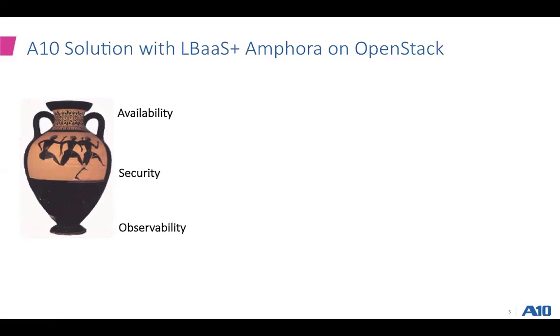We make sure that your applications are always available. The second is security, both for the applications as well as the underlying infrastructure. And third, the important point is around observability, so the ability to have real-time view into your application traffic at a per app, per user level.